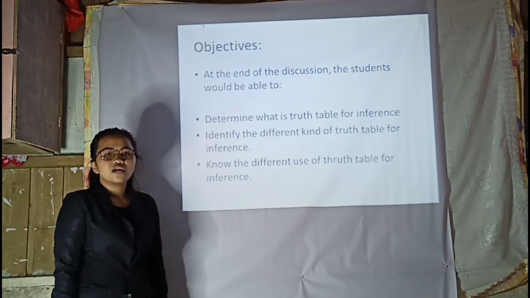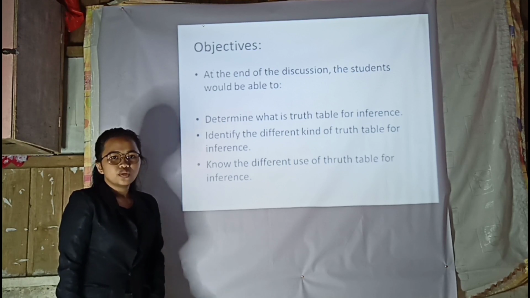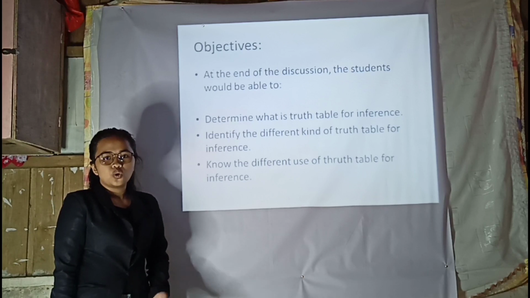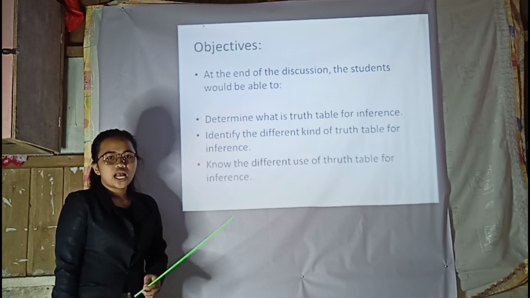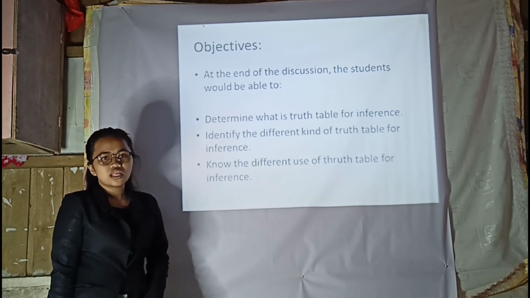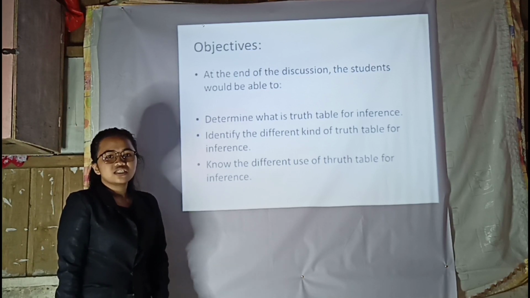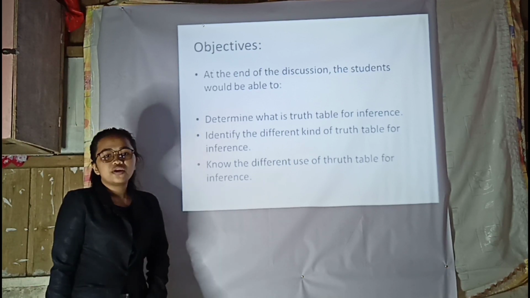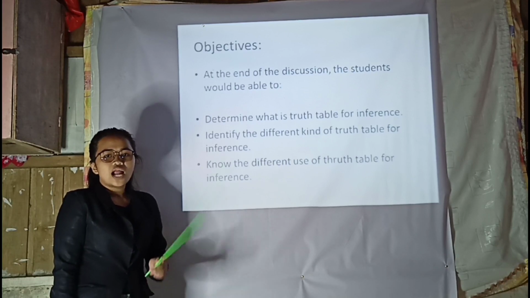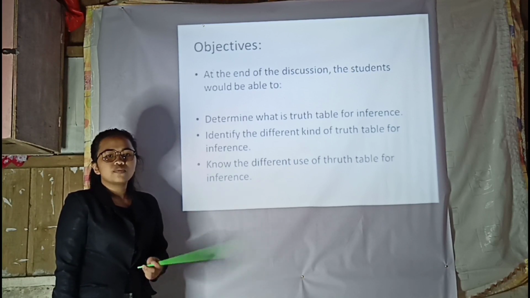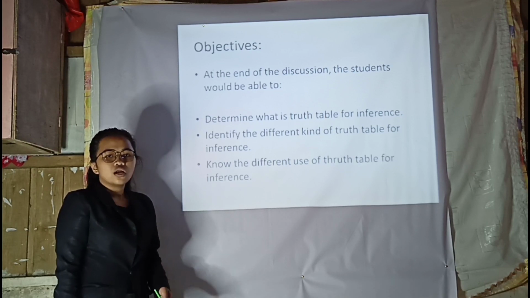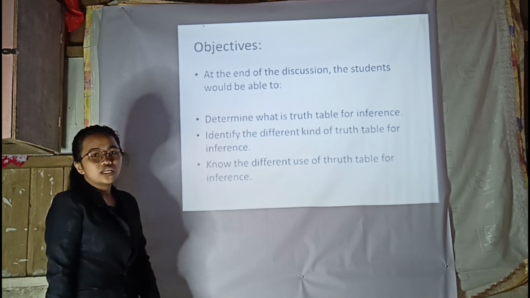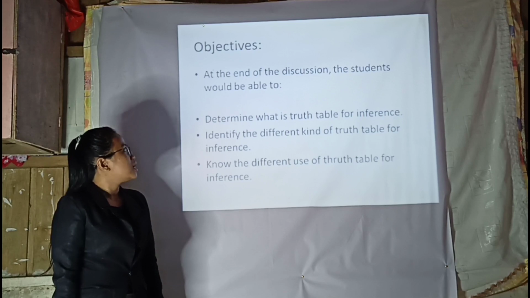If the premises are P sub 1, P sub 2, P sub n, and the conclusion is Q, then P sub 1 and P sub 2 and P sub n implies Q is a tautology. The inference rules are simple argument forms that will be used to construct more complex arguments.